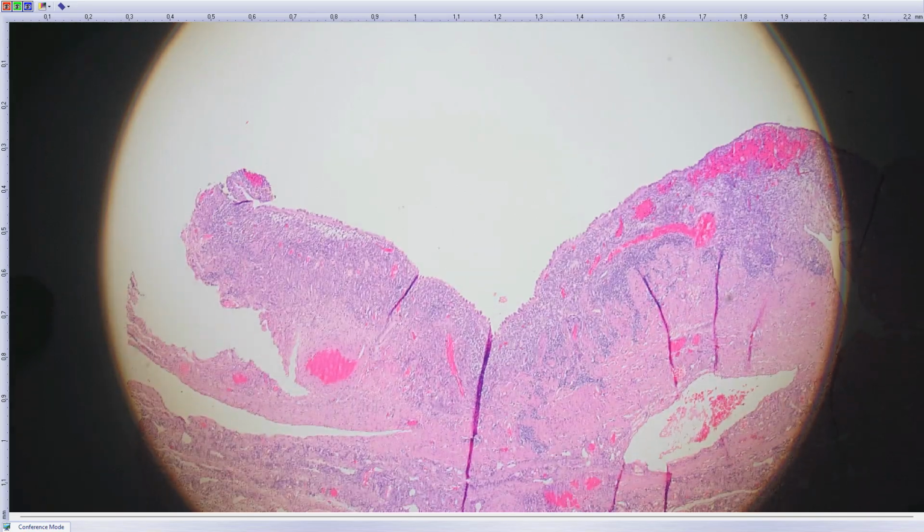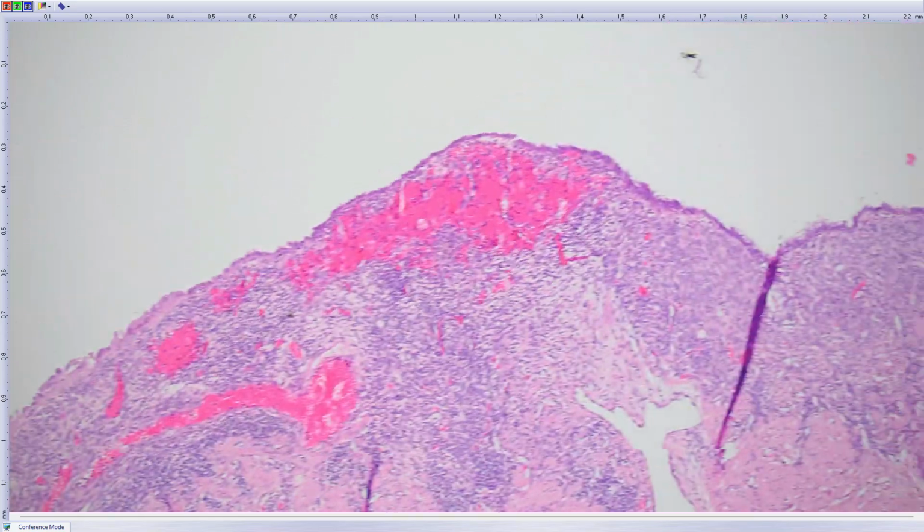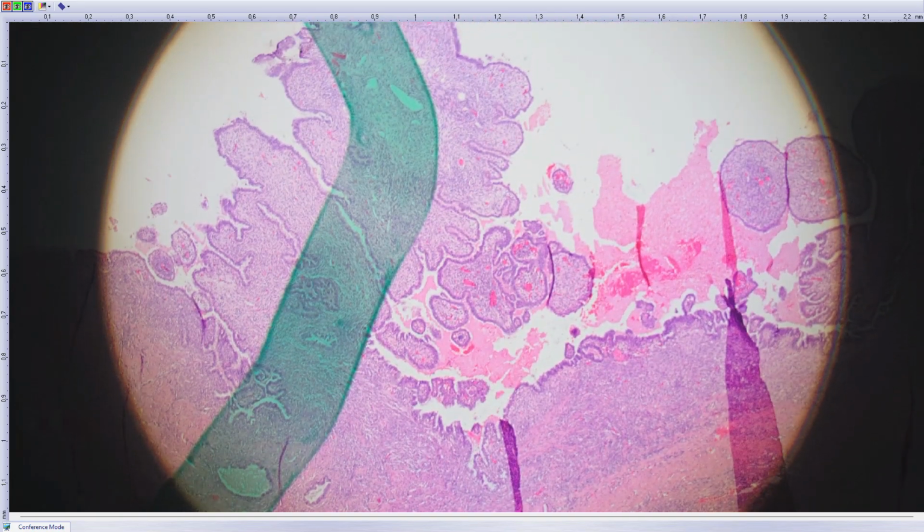Here we have the lining of the endometrial cyst, which is also slightly atypical, but also this papillary lesion, which is architectonically quite similar to serous borderline tumor.